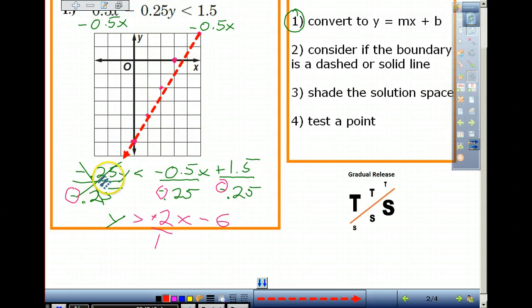Shade up or shade down? So it's greater than, right? So pick any point on the line, go straight up, and then you shade that side.